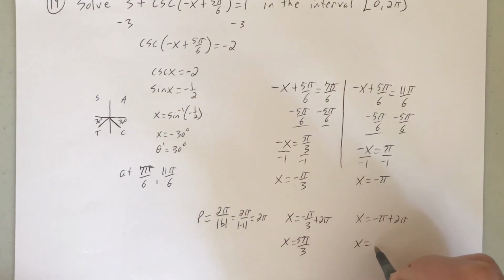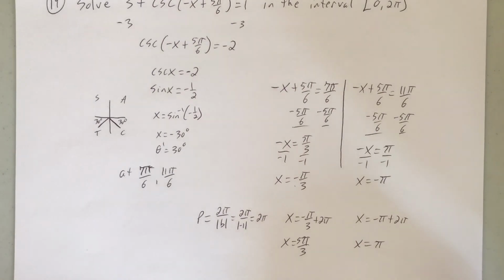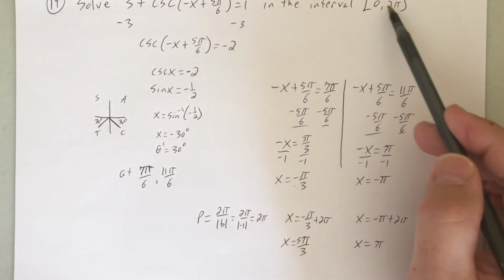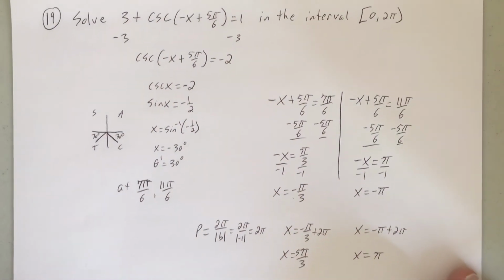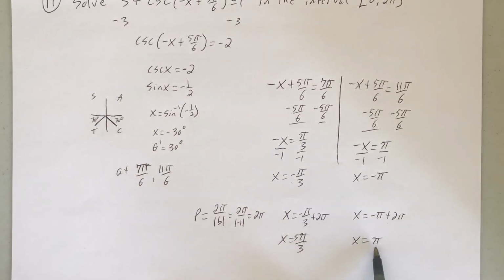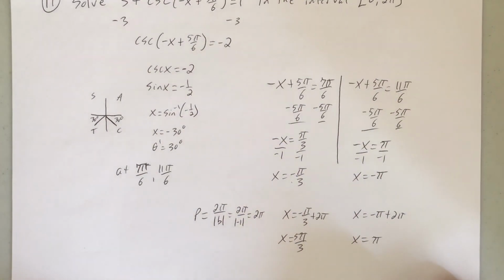I get x is equal to pi. So now these, 5 pi over 3 and pi, they're inside this interval from 0 to 2 pi. So I'm good. If I add another 2 pi to these, I'm clearly going to be outside. So these are my only two answers right here.